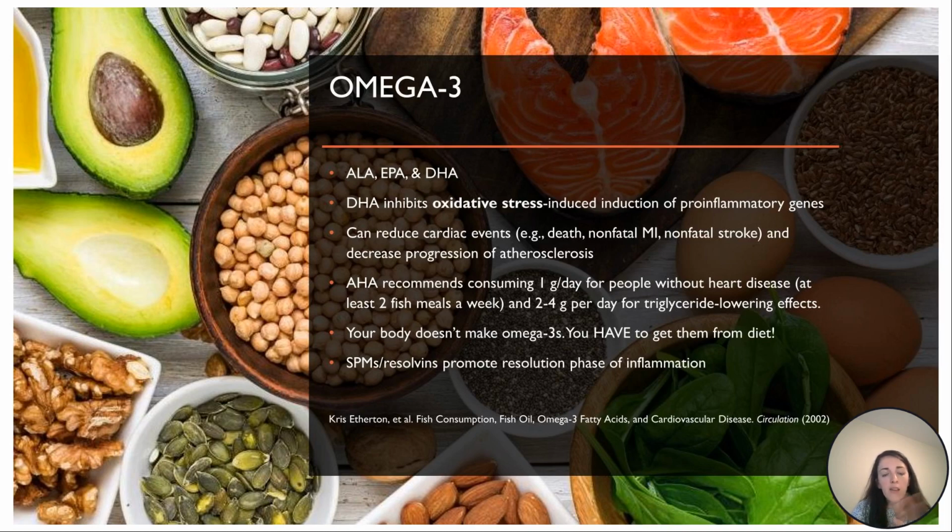I also wanted to mention SPMs or resolvins. They're kind of the same thing. SPM stands for specialized pro-resolving mediators, and they are derived from omega-3s. Part of their job is to promote the resolution of inflammation.